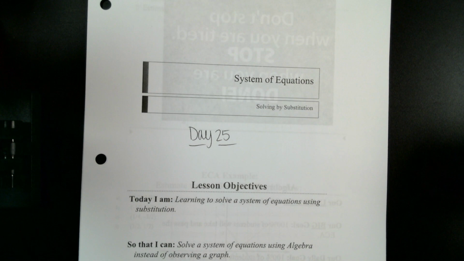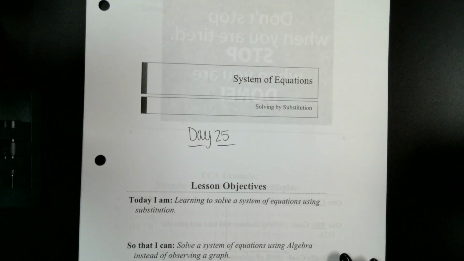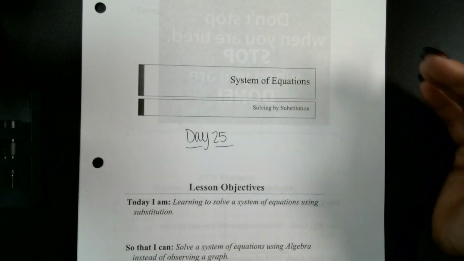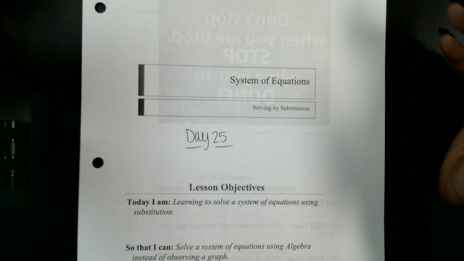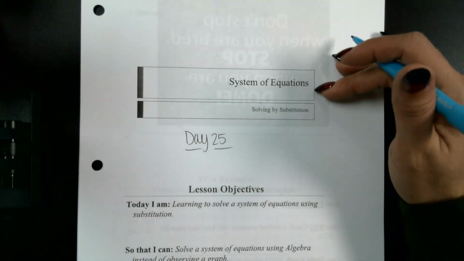We're going to start a unit over systems of equations. Okay, you guys have already done systems. Last week, when we were working with systems of equations, if I asked you to solve a system, the method you used was graphing them.